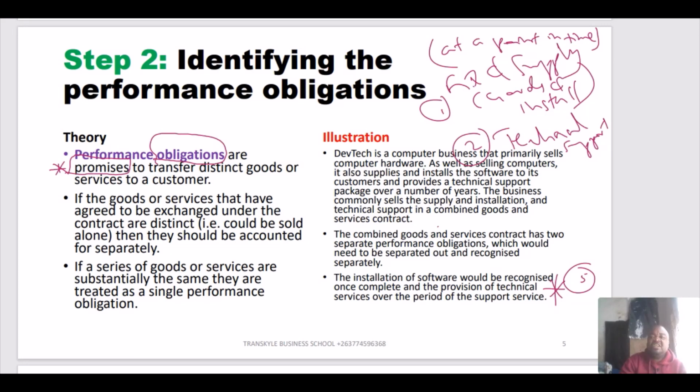That is when we finish the supply and installation of this software, we then have to recognize the revenue component of that.